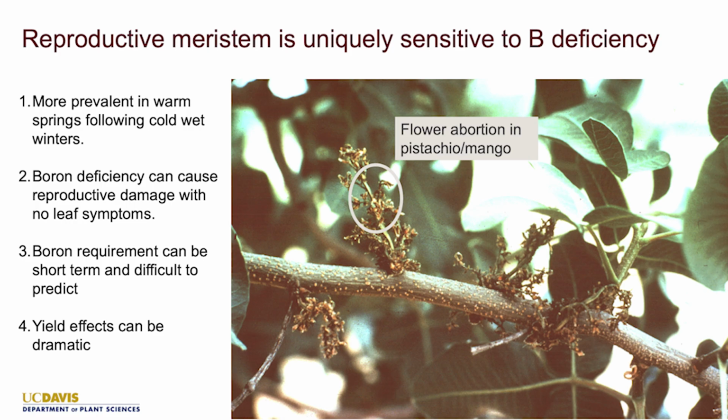Boron can cause damage. In this case, you can see it clearly, death of the flowers, while the leaves are perfectly healthy. The boron requirement is clearly this very narrow window, but in a crop like pistachio or any of the fruit crops, not setting your fruit does, of course, have a profound effect for the remainder of the cropping system. The yield effects can therefore be quite dramatic.